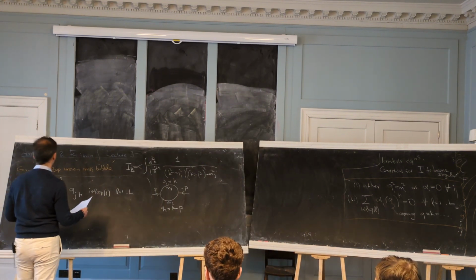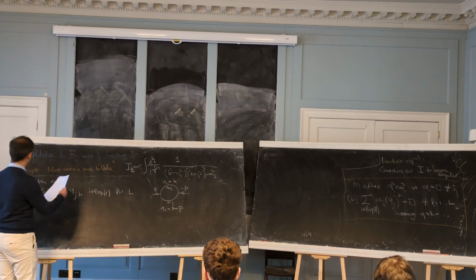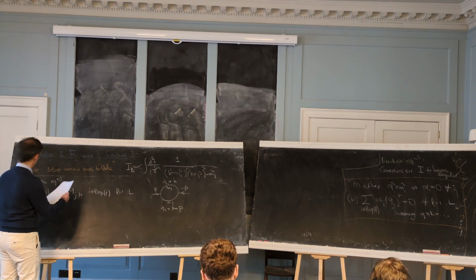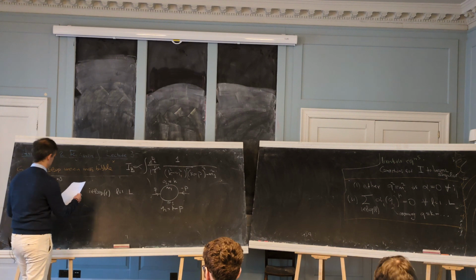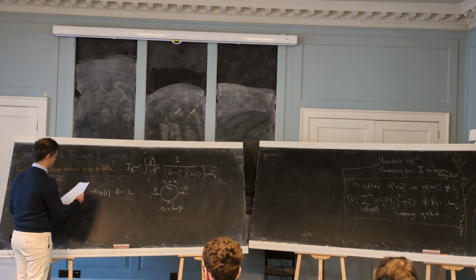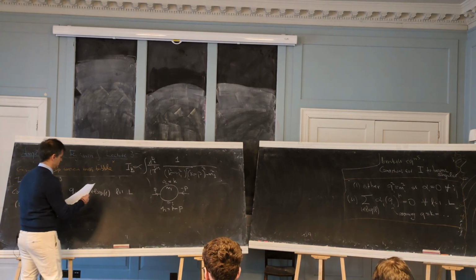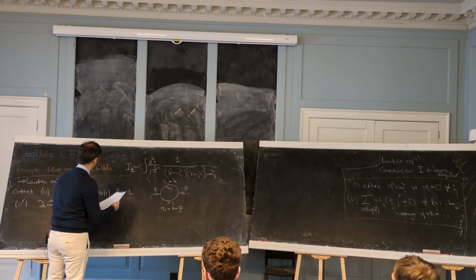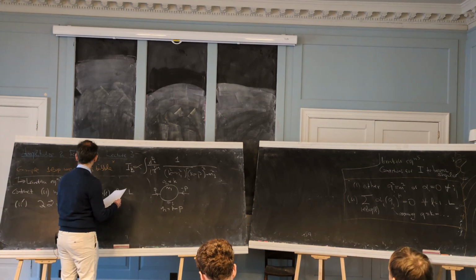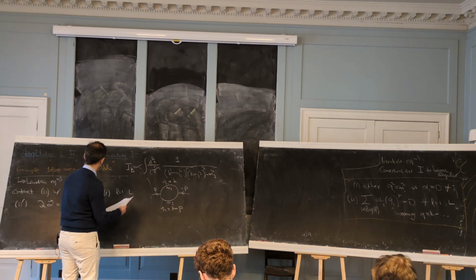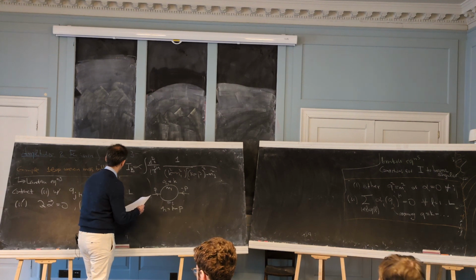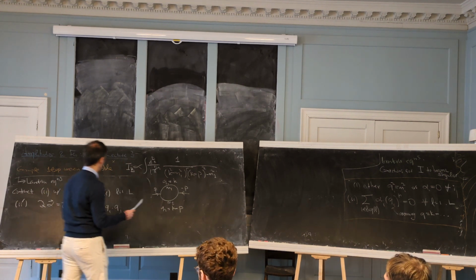Let's call this 2 prime: Q alpha vector equals 0, where Q is a matrix with indices i and j, whose elements are just the products of Q_i and Q_j.